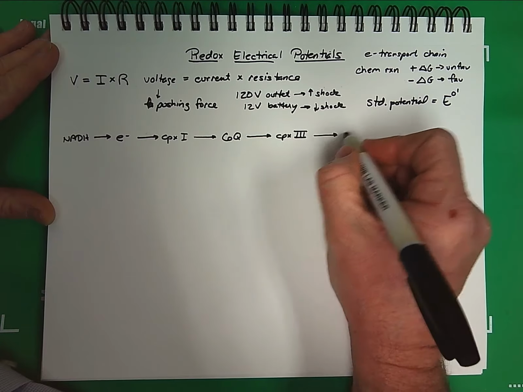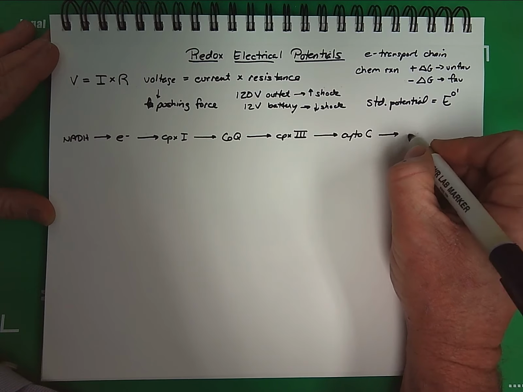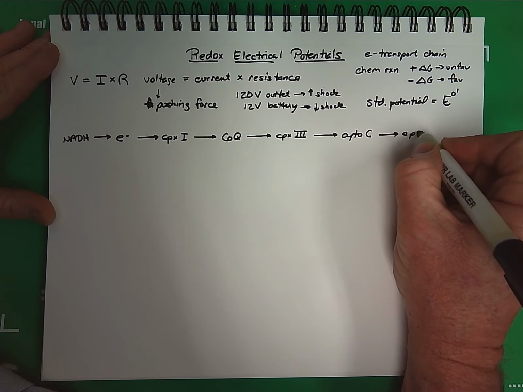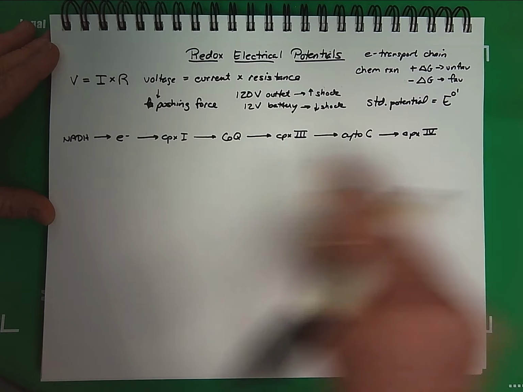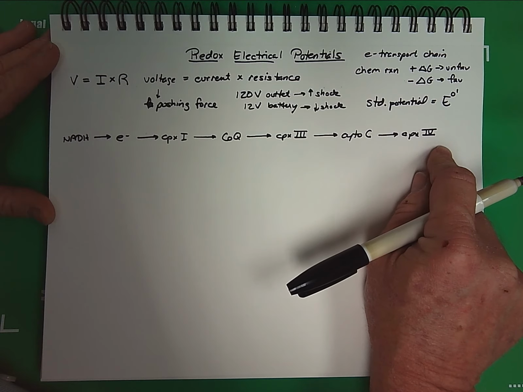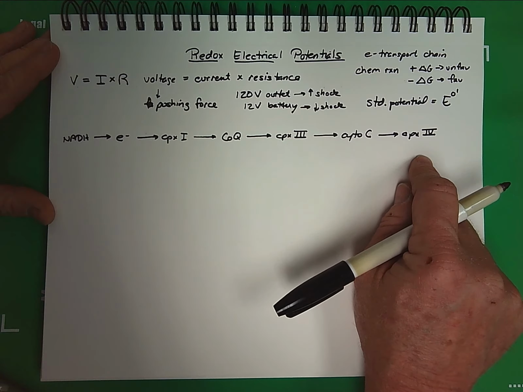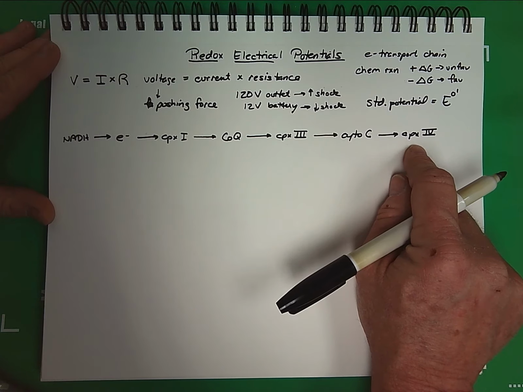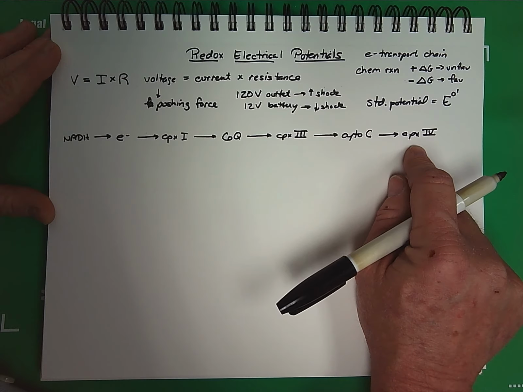From complex 3, they move to cytochrome C, and from cytochrome C, they move to complex 4. Now, this electron movement has to occur in this path. The reverse cannot happen, because if the reverse happens, we will not be generating the proper electrical potentials here in order to generate our electrochemical gradient of protons to generate ATP.